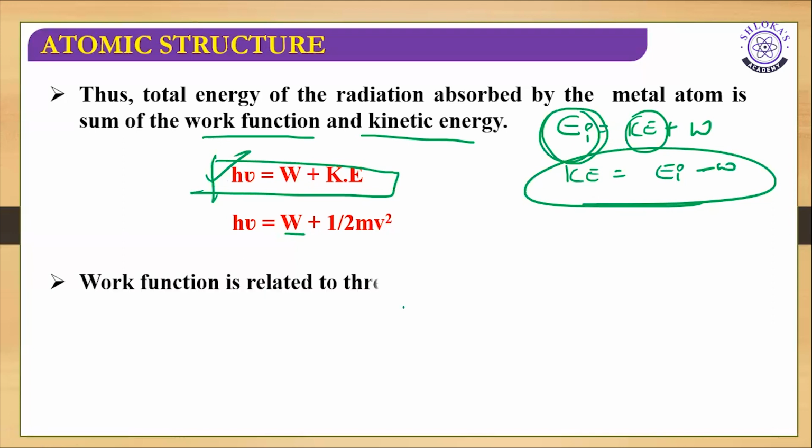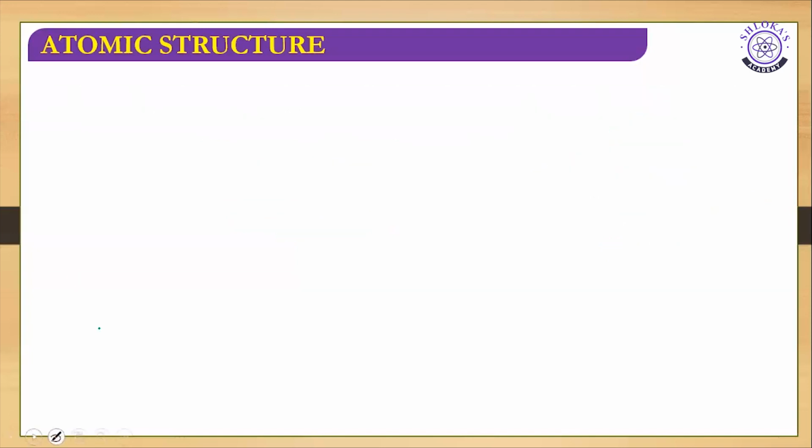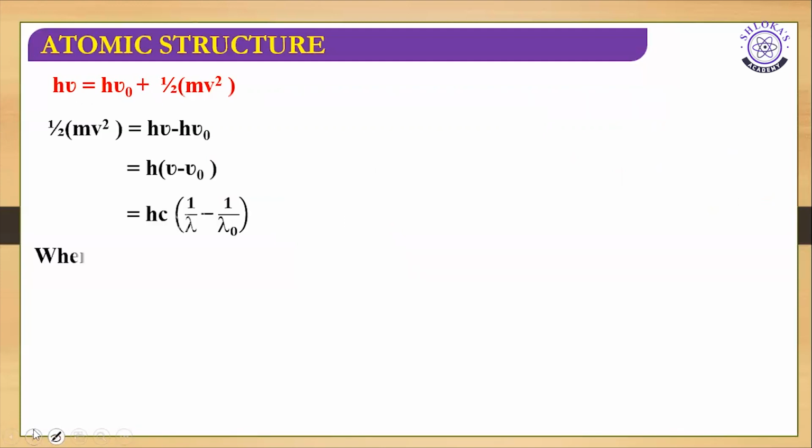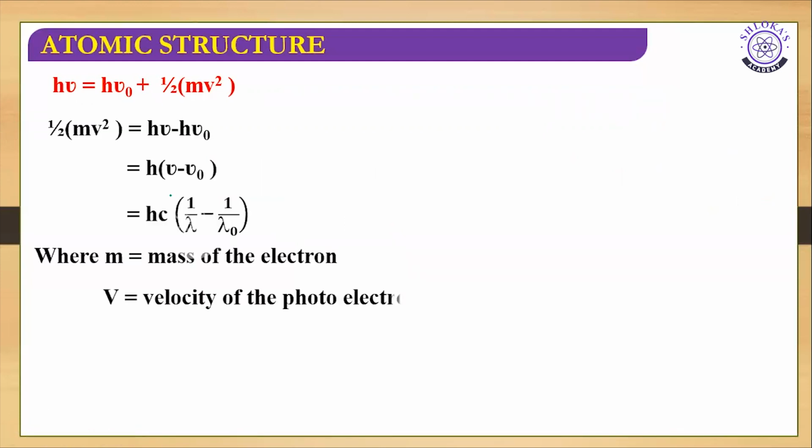Now work function is related to threshold frequency. How? Work function is nothing but energy only. How is energy related to threshold frequency? h nu naught. That is a well-known concept. So h nu is equal to h nu naught plus half m v square. From this we can derive the formula. All these formulas are based on mathematics only.